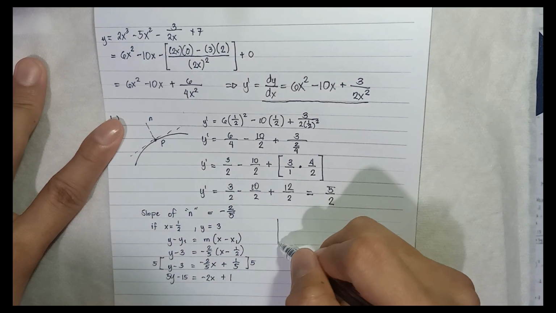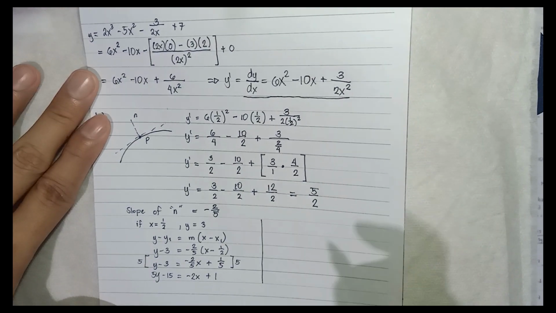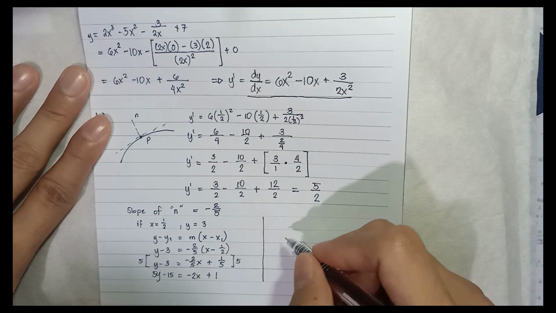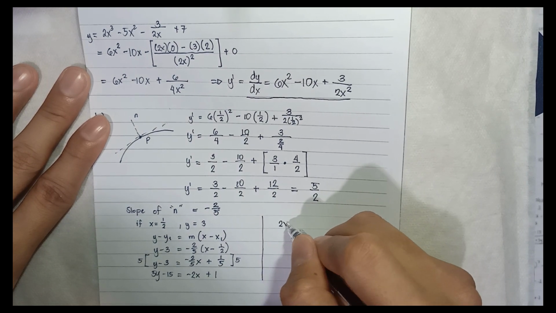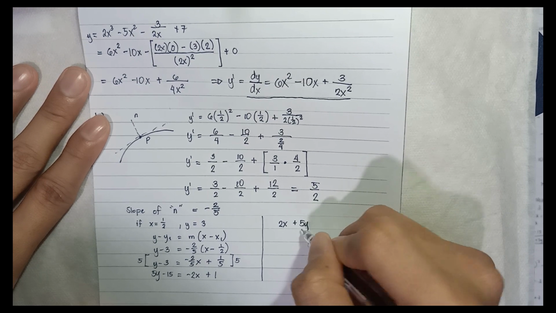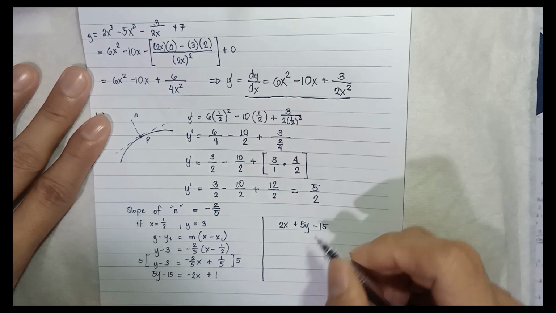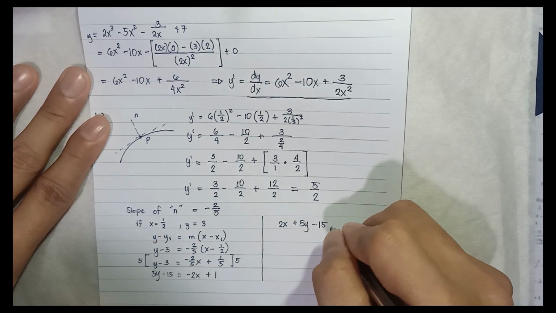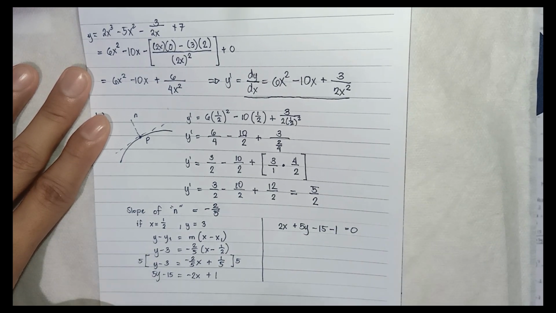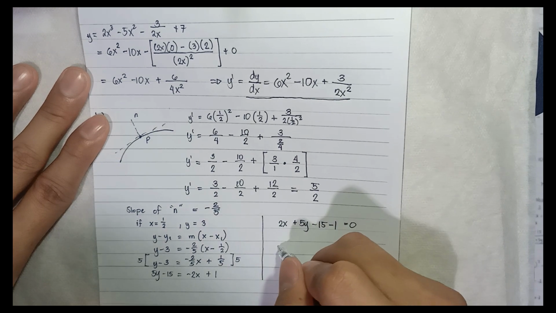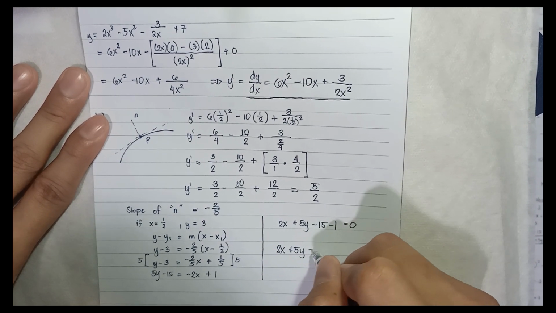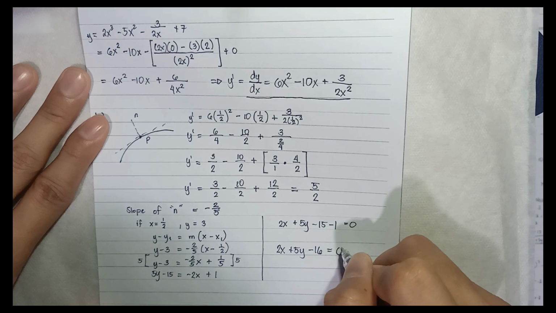We transpose 2x, that will be positive 2x, then plus 5y minus 15, and then transpose 1, that's negative 1, equals 0. Then we can simplify it, so we get 2x plus 5y minus 16 equals 0.